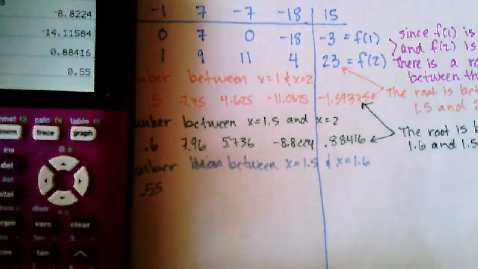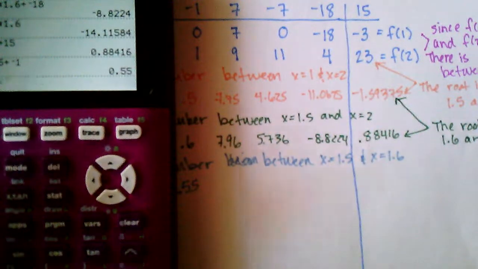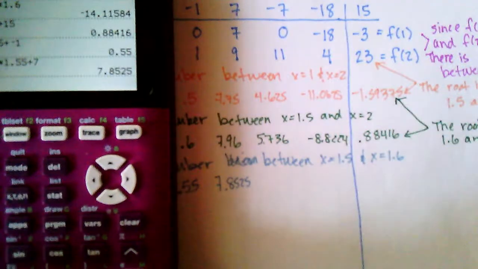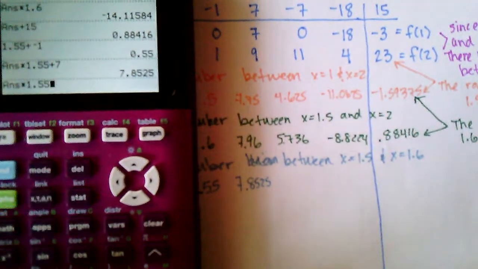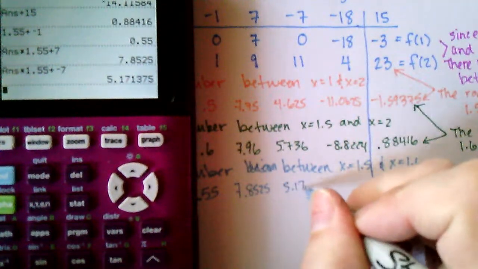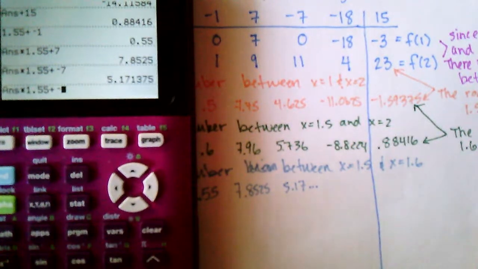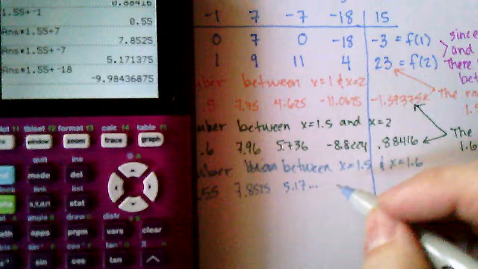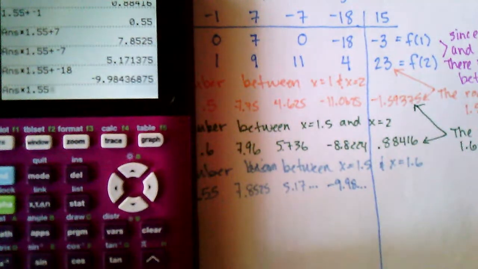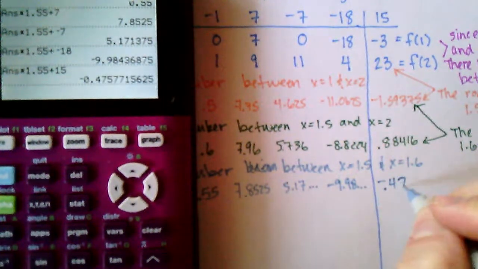And then I do times 1.55 again, plus the 7 up here, 7.8525. Times 1.55 plus negative 7, 5.17. I'm not going to write down the whole number. Times 1.55 plus negative 18, negative 9.98, times 1.55 plus 15, negative 0.475.